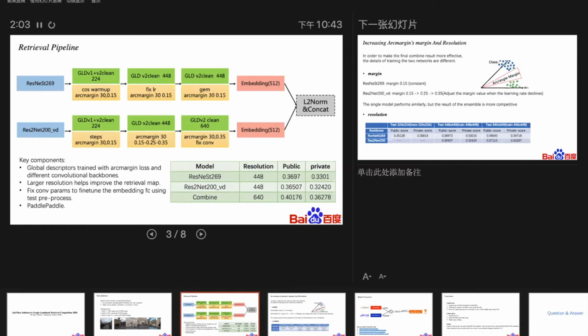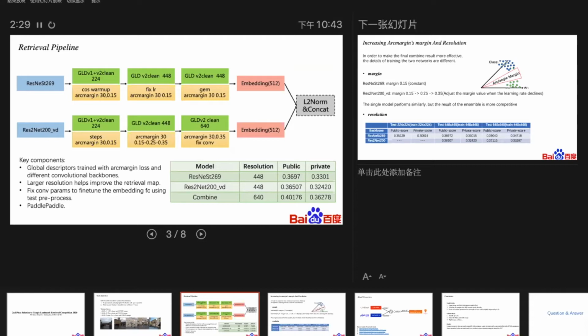As the picture shows, we use ArcFace loss as training loss to train the models. First, we use the same margin to train both models, using GLDV1 and V2 clean dataset and 224 resolution. Second, to maintain the diversity of training strategies, the two models use different training strategies.